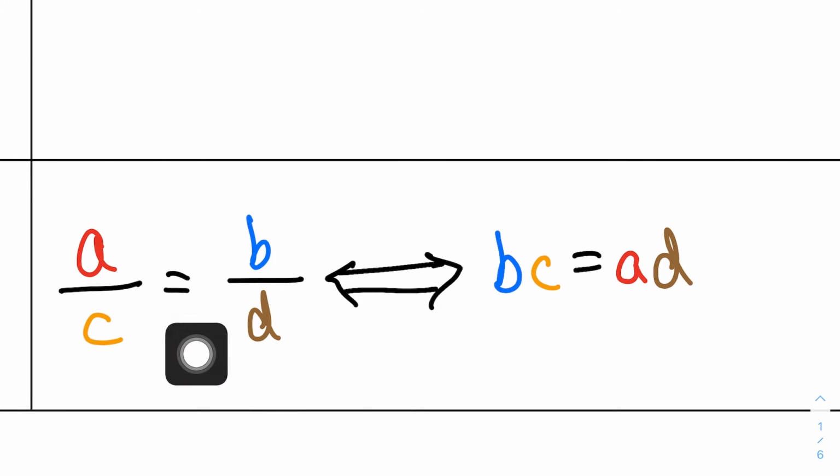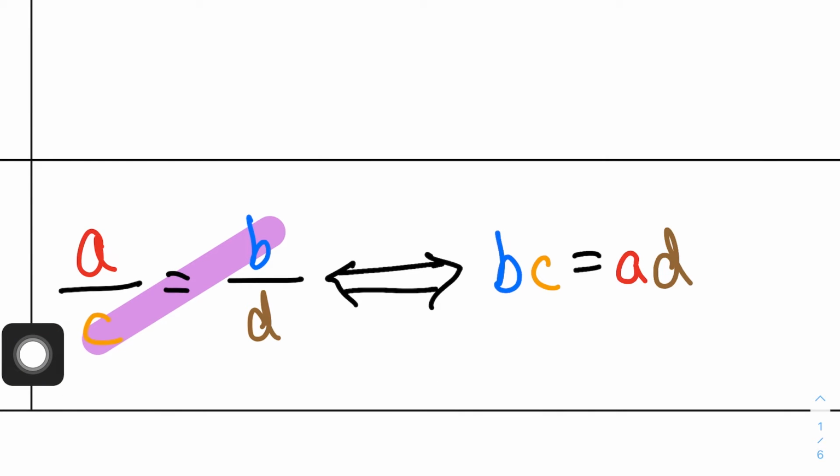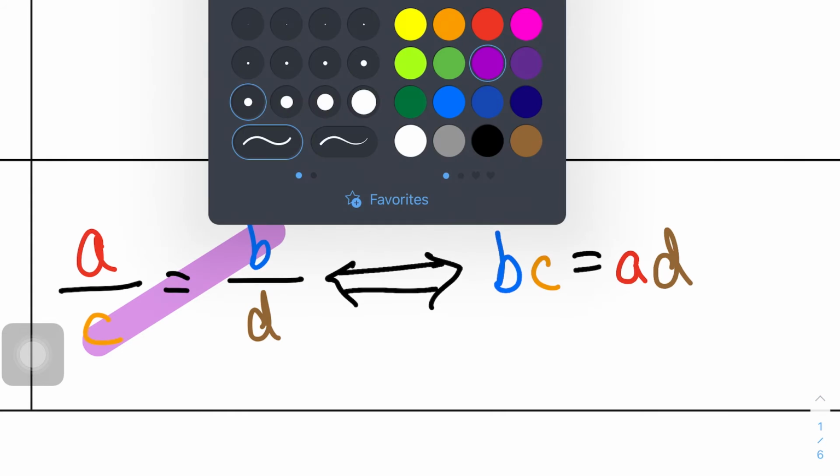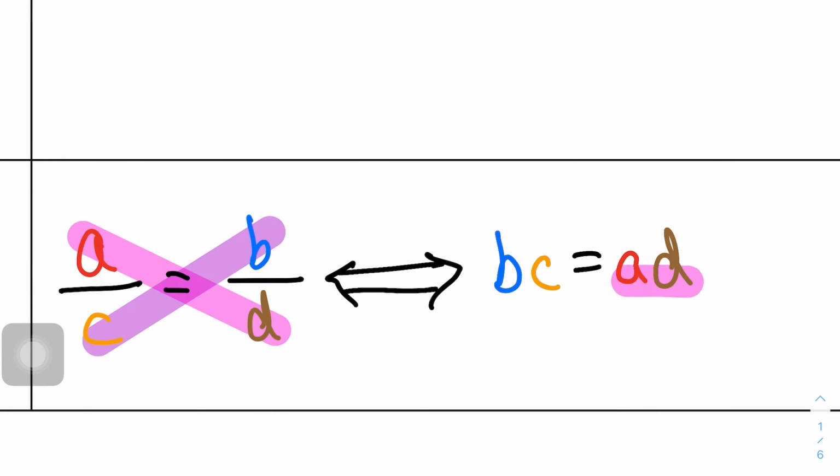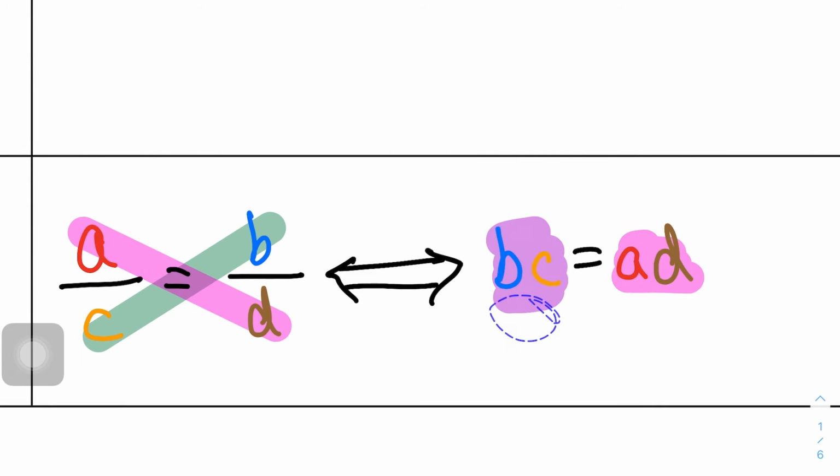So you can see here, we took A times the D and B times the C. And that's where we get that expression that it's a cross product. Right? And so that's where we get the cross product. It's the shape or the cross that gets made as we rewrite it.